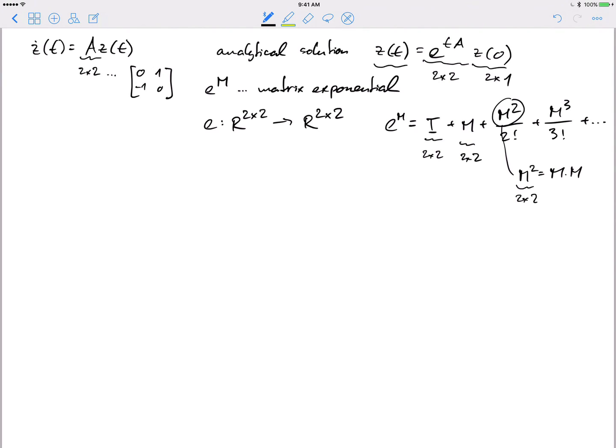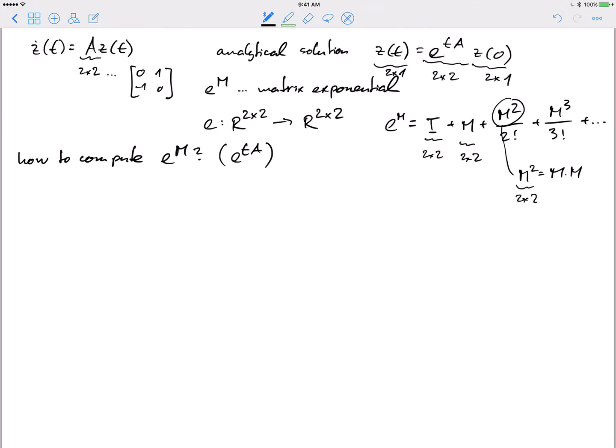And this, of course, to make it complete, this is just a 2-dimensional vector again, okay? So the question of solving the system of linear ordinary differential equations reduces to the question how to compute this damn thing, how to compute the e to M, okay? In our case, e to tA, okay? But we can think about the general matrix M.